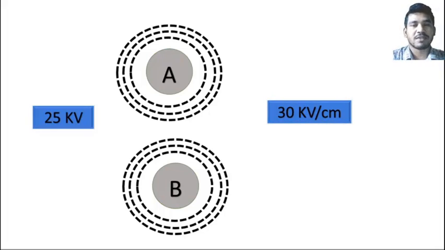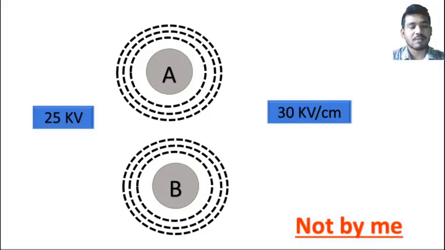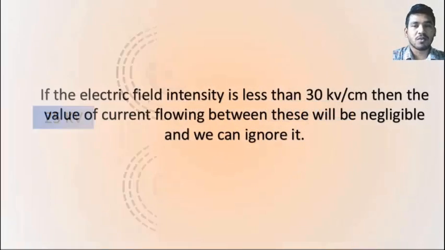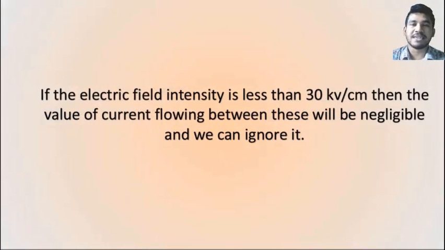This 30 kV per centimeter, as I am saying, is based on some studies and different calculations, not my view. So, if the electric field intensity is less than 30 kV per centimeter, then the value of current flowing between these two will be negligible and we can ignore it.